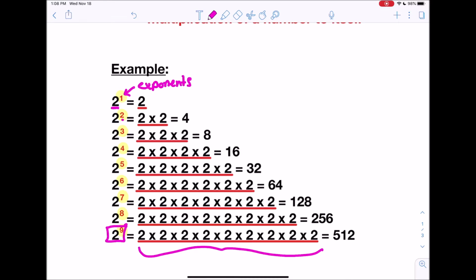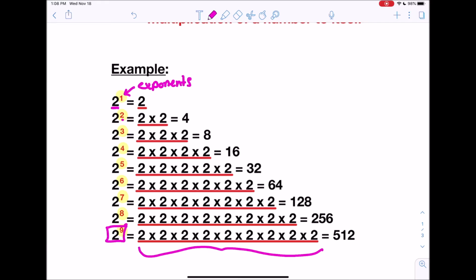Now, the biggest mistake I see kids do is they want to multiply the base number with the exponent, right? But don't do that. That's not right. The exponent tells you how many times that base number is going to multiply to itself. So 2 to the first power is 2. 2 to the second power is 2 times 2, right?